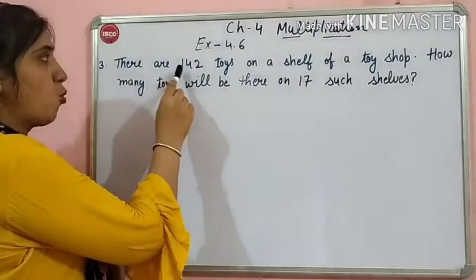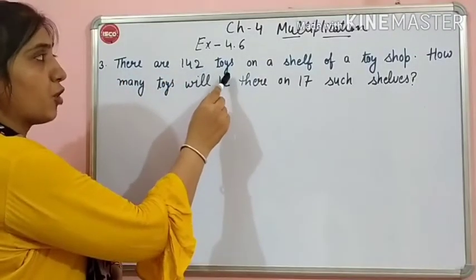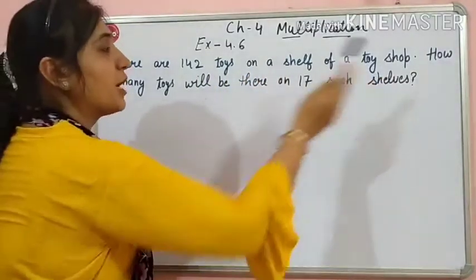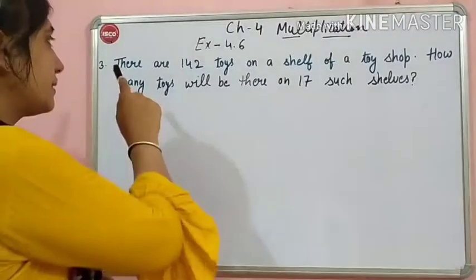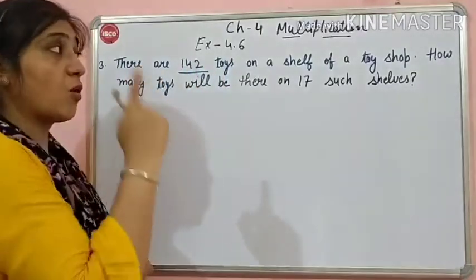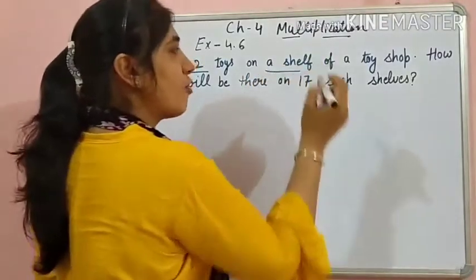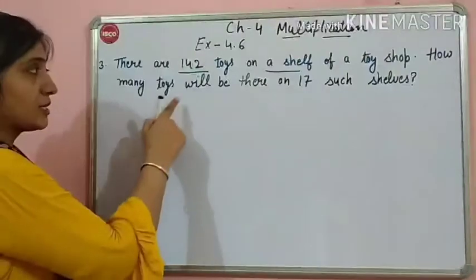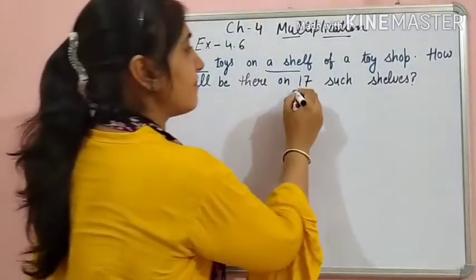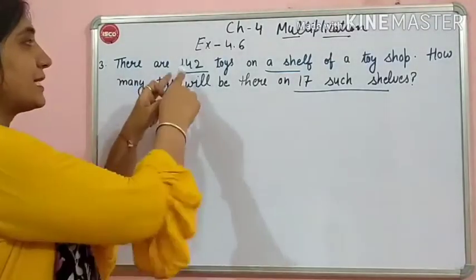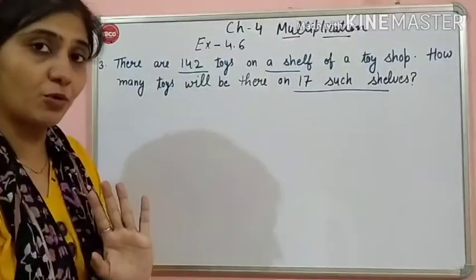There are 142 toys on a shelf of a toy shop. How many toys will be there on 17 such shelves? It means, what is the 142?